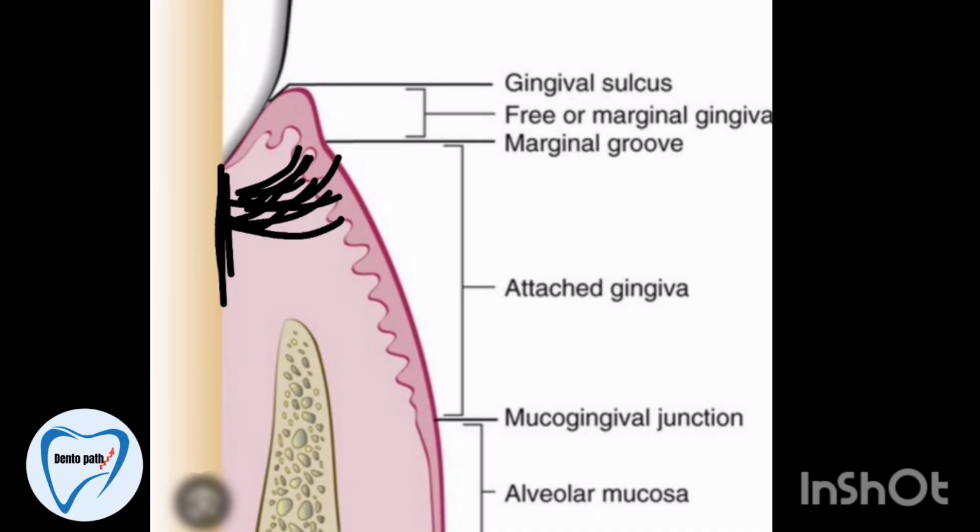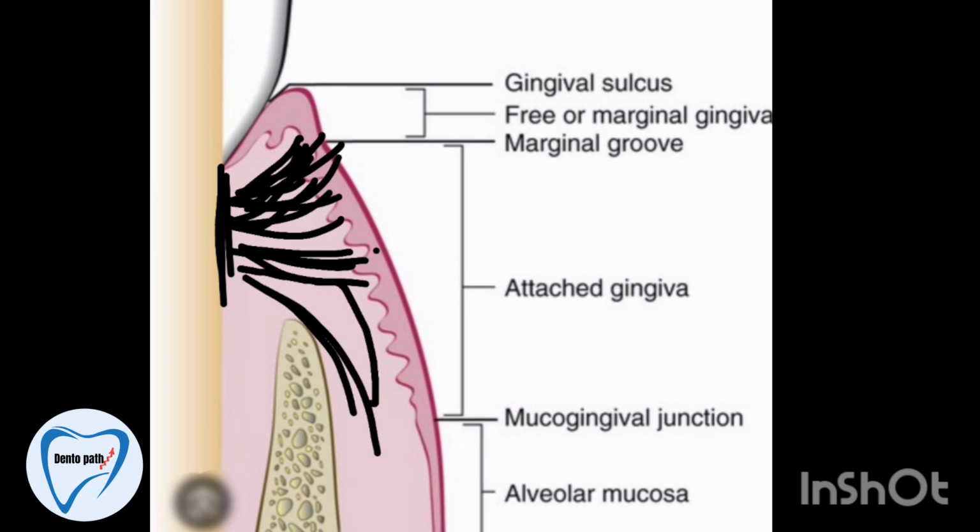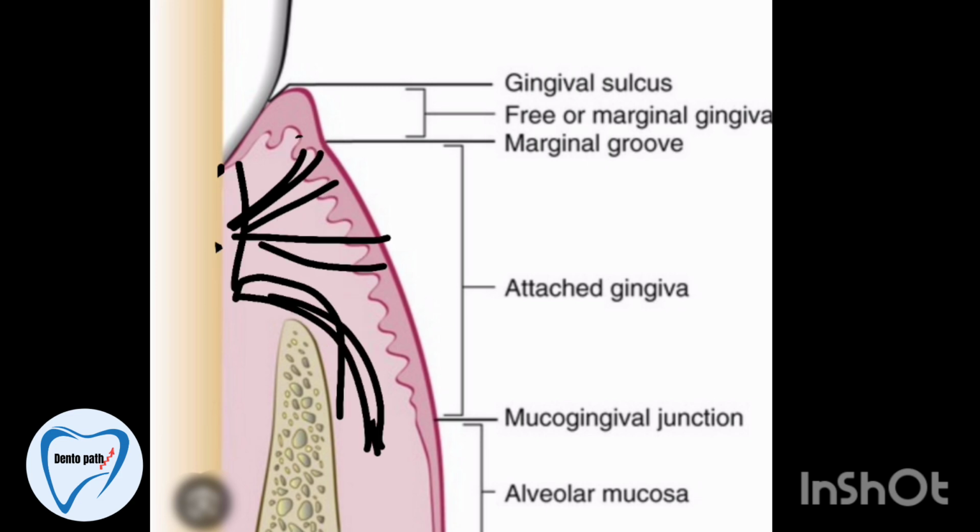They extend from the cementum. This is the crest of the gingiva. This is on the outer surface, external to periosteum on the labial part. Circular fibers are also shown in between.